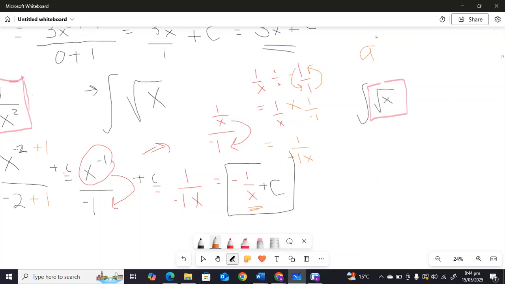Let me write the law here. Always remember the denominator is the number on the root. Maybe let me put the number here. I'll put the 2, but they'll never put the 2 for you there. So if we apply the laws of indices, what does the square root of x become?